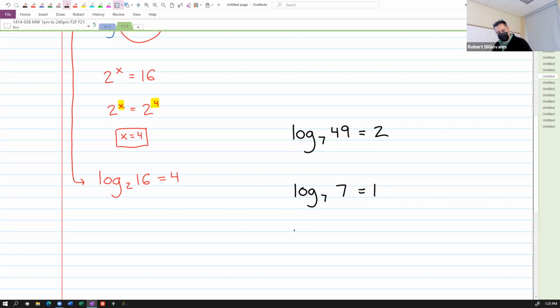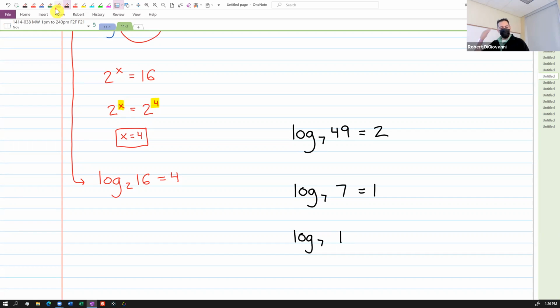Let's keep going. What about log base 7 of 0? Ooh. Oh, you know what? Hold on. Y'all aren't ready for that. Let's do 1. All right. That's 0. I kind of gave it away. It's saying, what power do I raise 7 to in order to get 1?